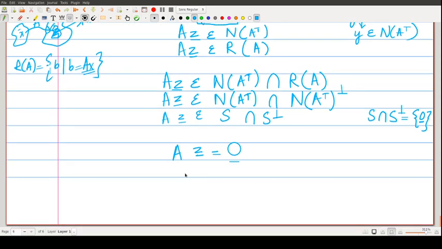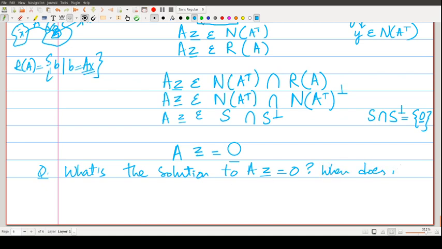And question: what's the solution to Az equals 0? When does it have only the trivial solution?